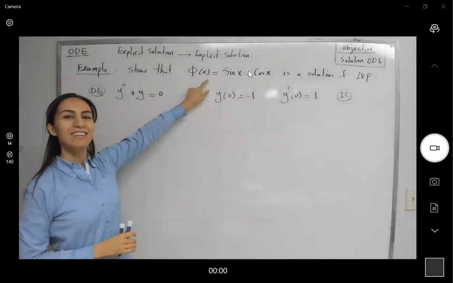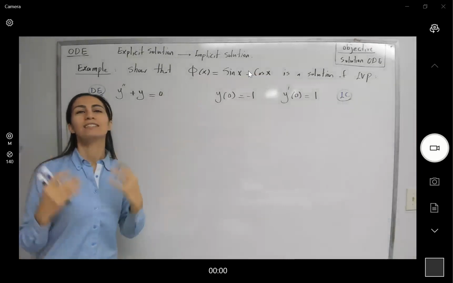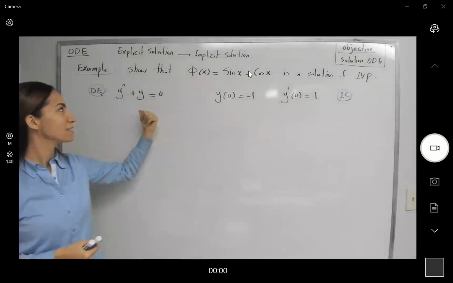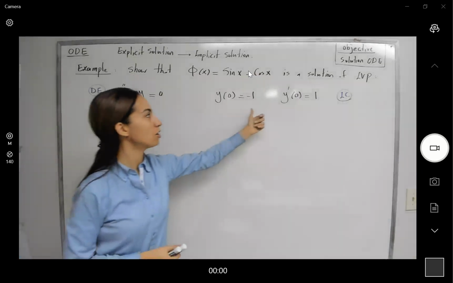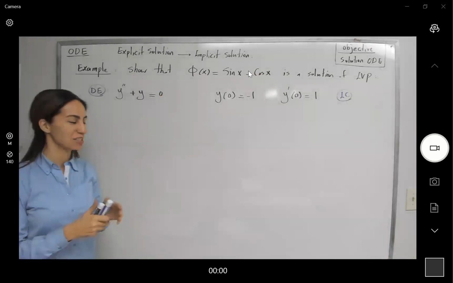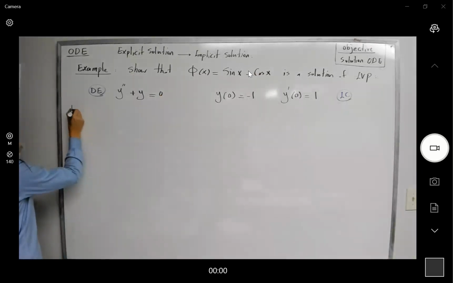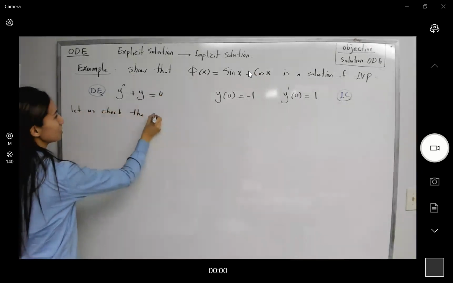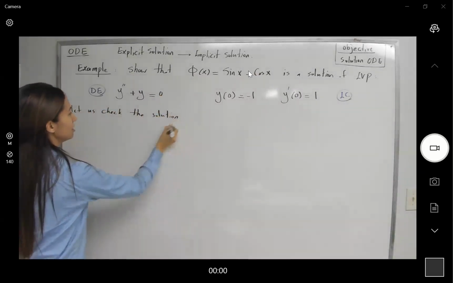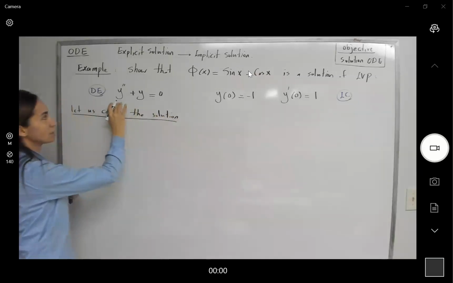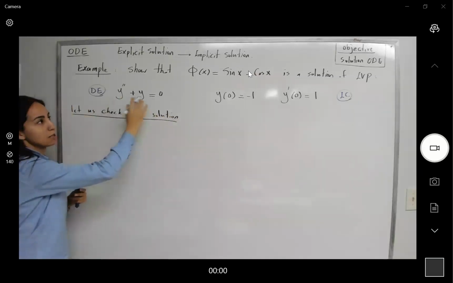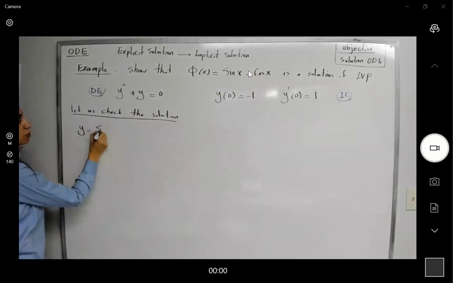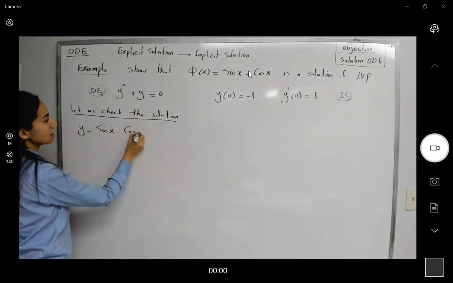So in this case, the solution is given to us. We just need to check to see if this solution satisfies the differential equation and also the initial conditions. Let us check the solution. As you can see, you need the second derivative of sine x minus cosine x. So your y is equal to sine x minus cosine x.